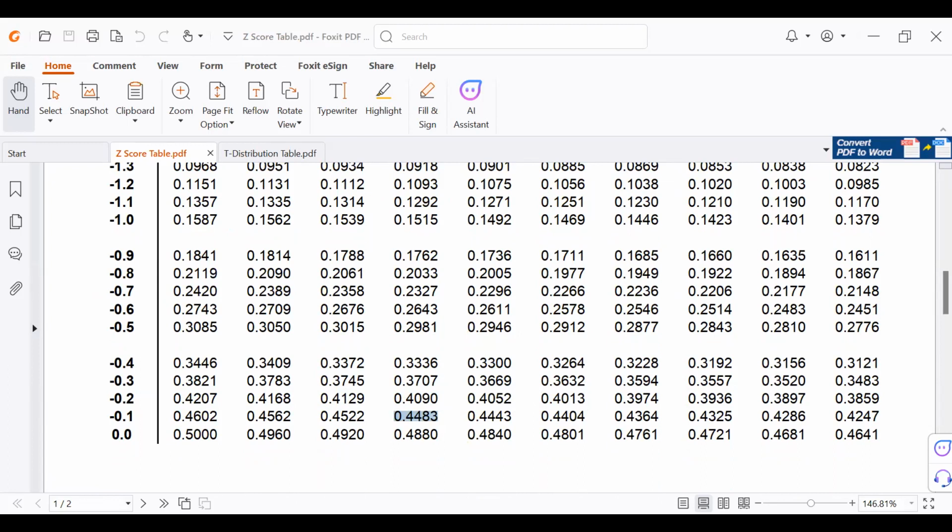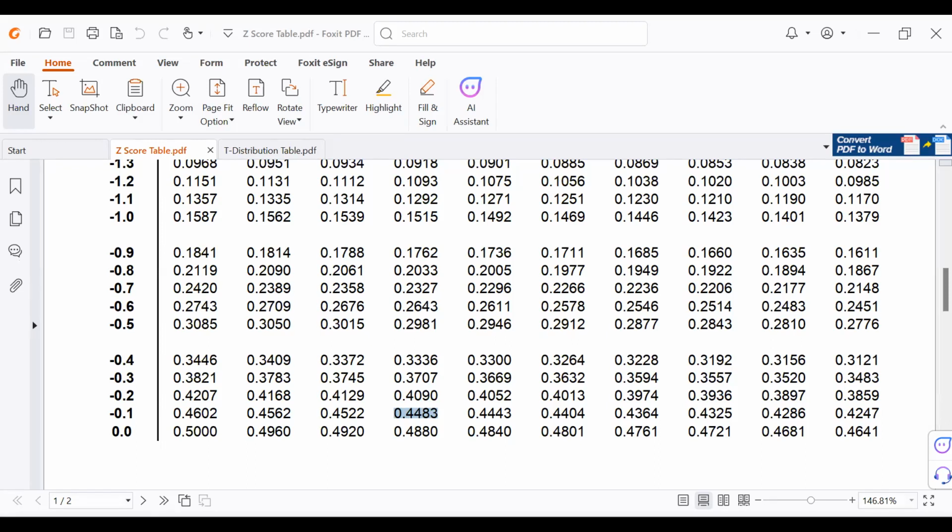So if we come back to this, since we are looking for 0.4483, and since we are looking for a probability of at least 60, we deduct this from 1.